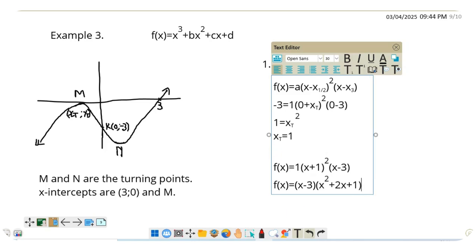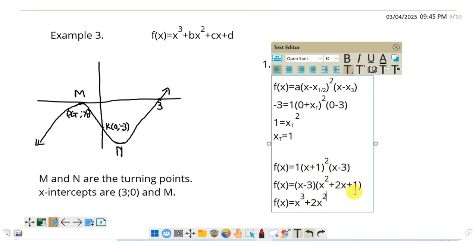Okay, so now again multiply out here to expand. So x multiplied by that squared, x cubed, plus 2x squared.